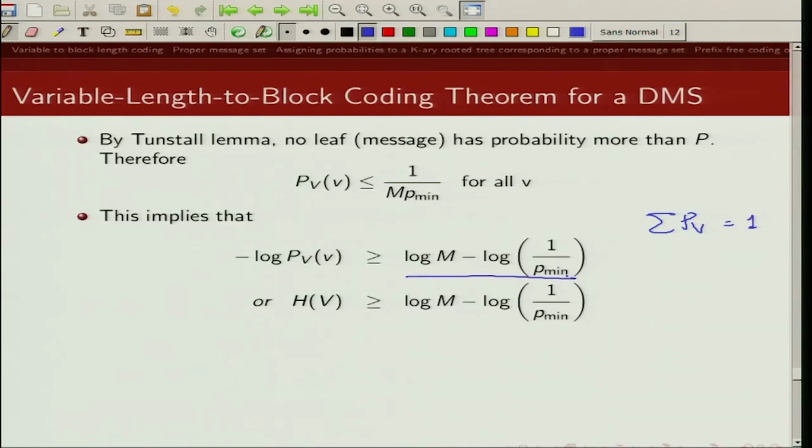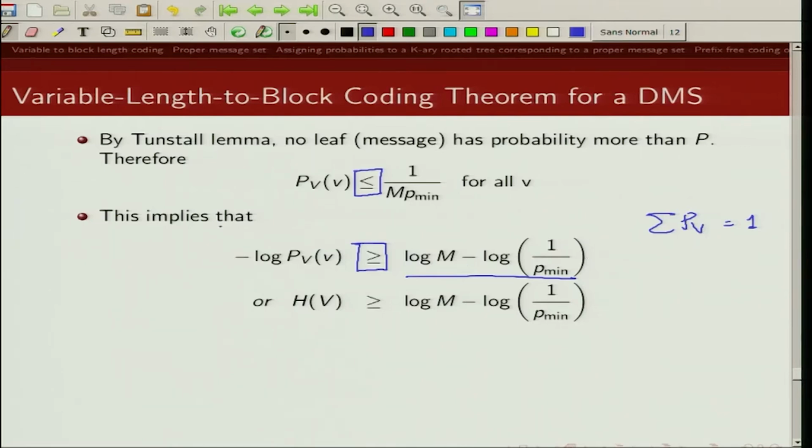If we take log of this, this will be minus log of m plus log of 1 by P min, and if I multiply by minus, this less than or equal to becomes greater than or equal to, and minus log m becomes log m, and this becomes minus log of 1 by P min.